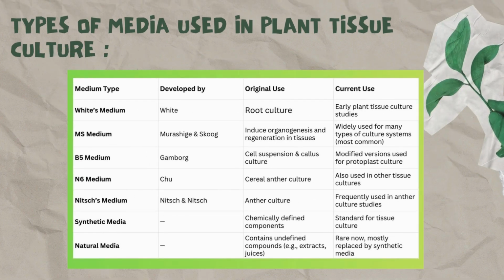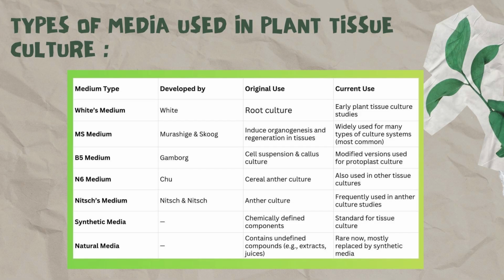Now let's break down some of the key media used in plant tissue culture along with their history and main uses. First, we have White's medium, developed by Dr. White. Originally, it was used for root culture and is one of the earliest media types in tissue culture studies.